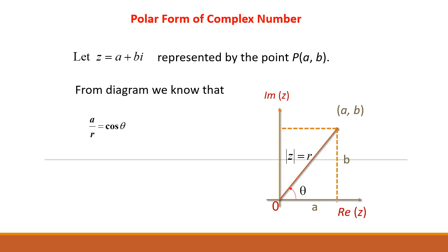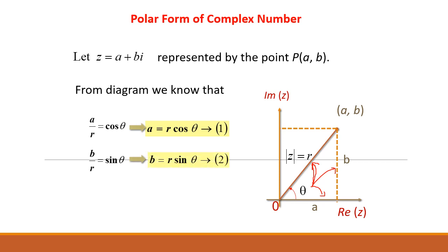This is the trigonometric formula: a over r is for cos, so we can rewrite this as a equal to r cos theta. And then b over r equals sin theta, opposite over hypotenuse, so we can rewrite b equal to r sin theta.